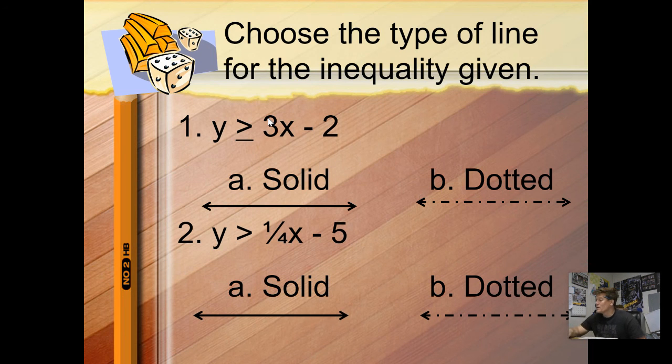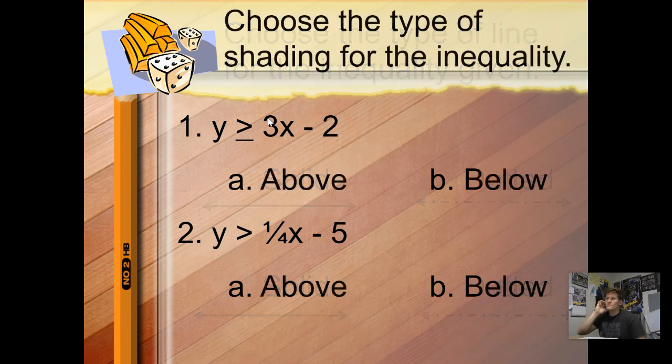And then my last two questions for this video, guys. Same lines, but now you need to tell me, are we shading above or shading below? Now question number two, are we shading above or are we shading below?